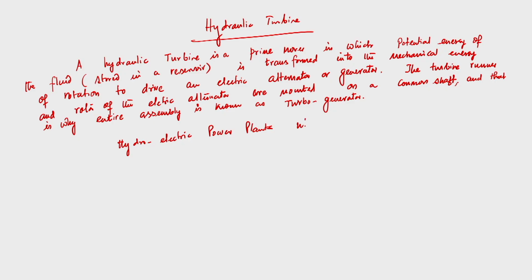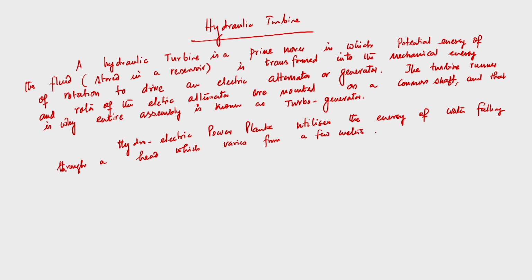So, a hydroelectric power plant utilizes the energy of water falling through a height or head which varies from a few meters to, let us say, 500 meters to 1000 meters.